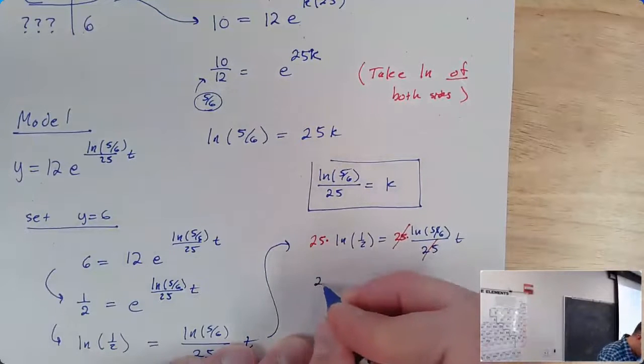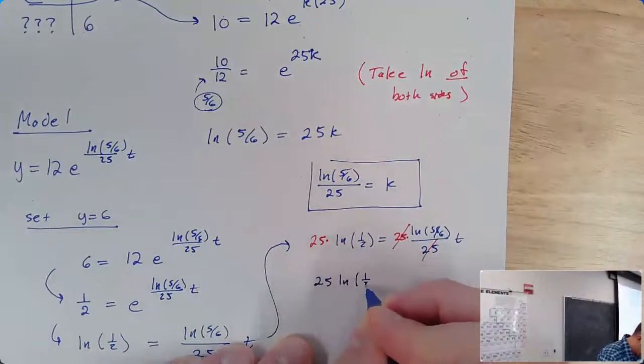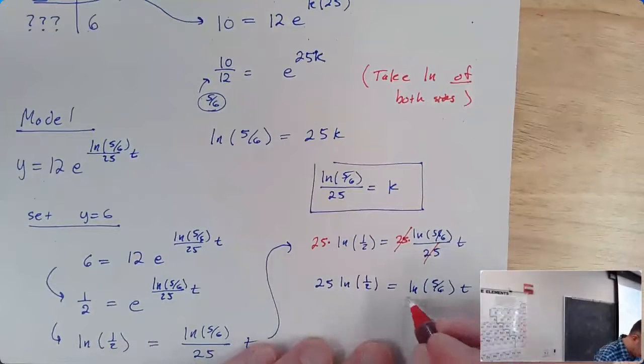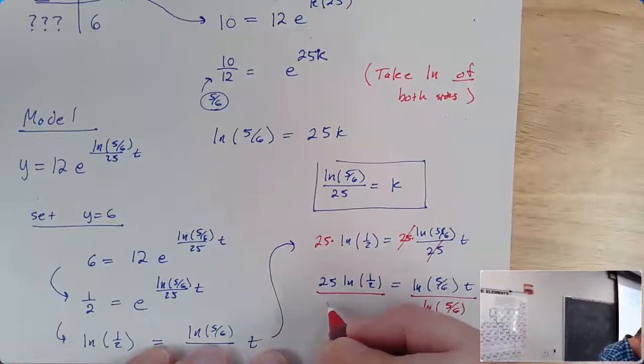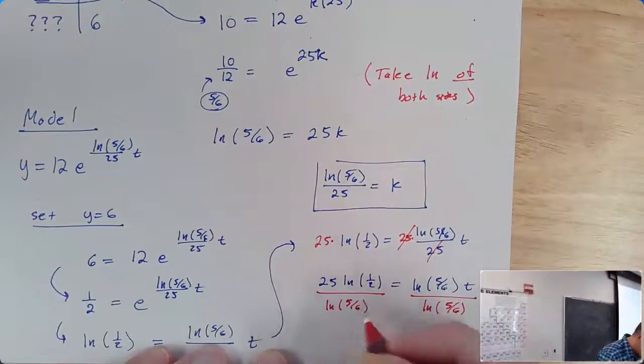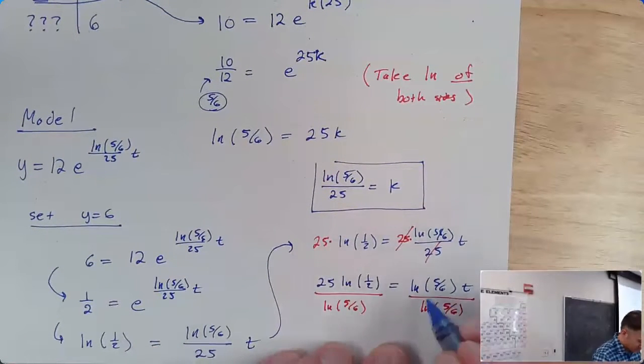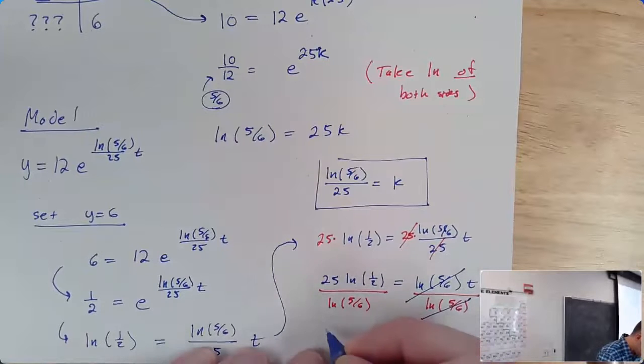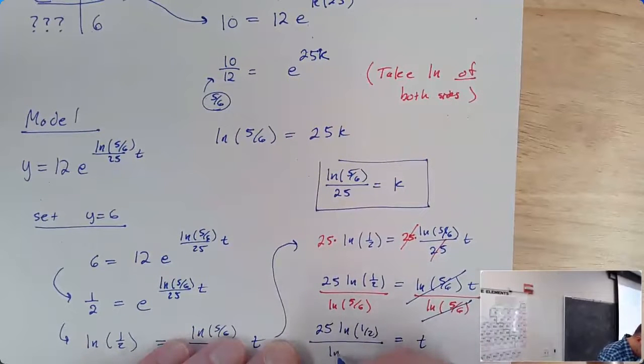So I have 25 natural log of 1/2 equal to the natural log of 5/6 times t, and then dividing both sides by the natural log of 5/6. Something divided by the same something is just 1. So I end up with t equal to, this can't be simplified really, 25 natural log of 1/2 divided by the natural log of 5/6.